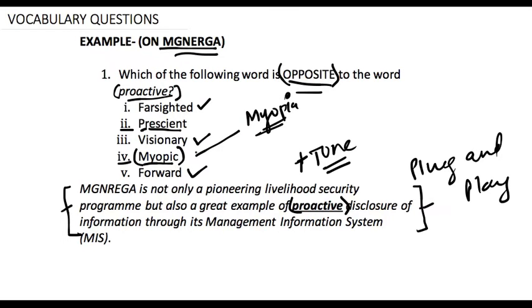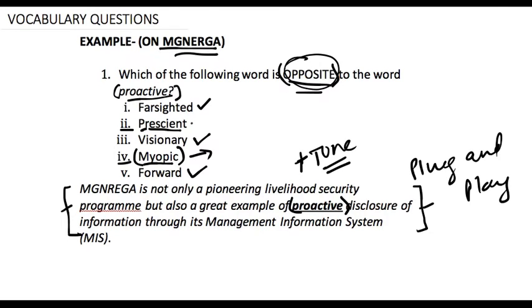So myopic refers to something which is a little negative. Using this method, you can understand that it probably has a closer meaning to myopic when it comes to finding the opposite word.